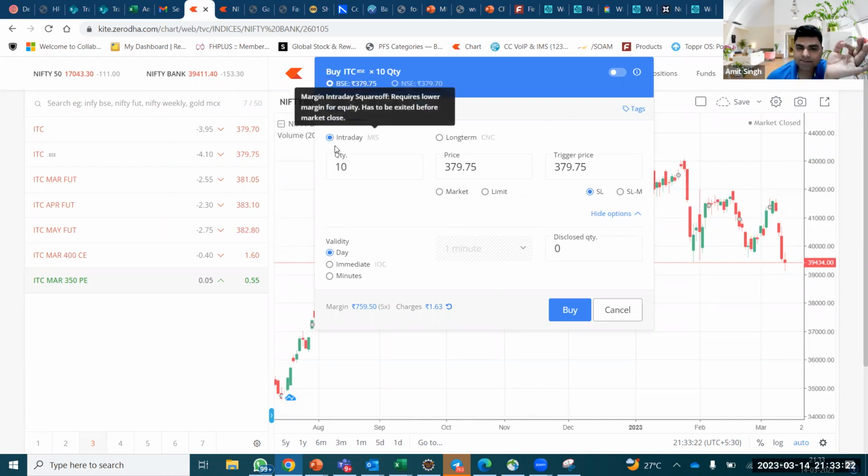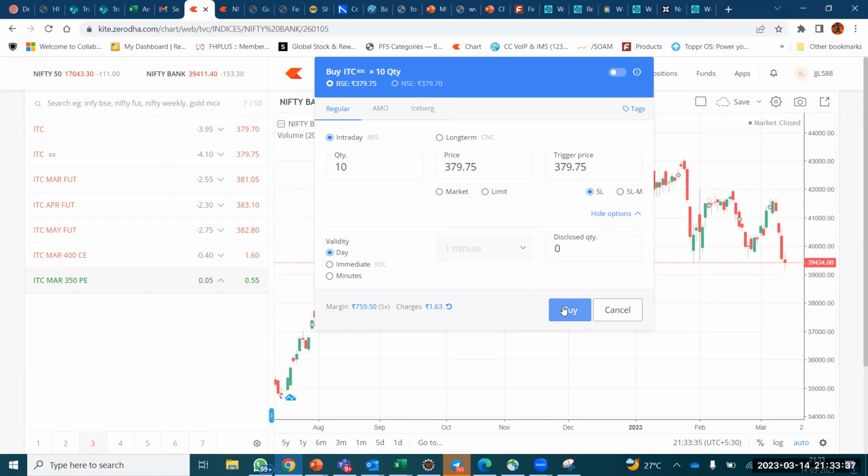Now when that person is trying to buy it back because he had sold it, what will this be called? Short covering. Clear? Yes. This will be called short covering. Clear?